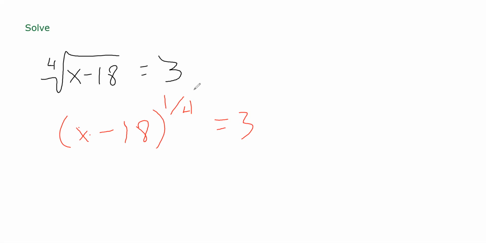Well, if I want to get rid of a 1/4 power, I need to raise both sides to a number. What number shall that be? Well, the reciprocal of 1/4. I need to raise both sides to the 4th power.